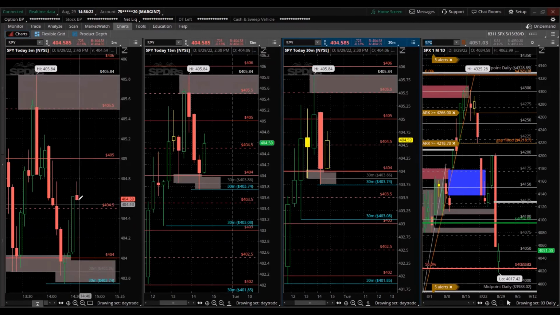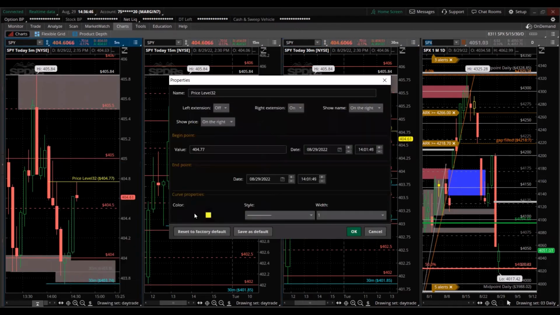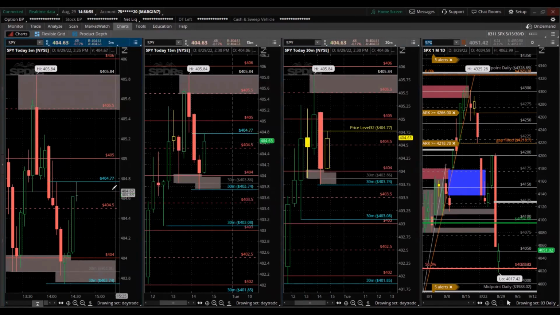Now look at this on the 5 minutes. You're getting rejection. Not surprised, because this candle right here, we're at the midpoint. And look here, massive consolidation. Let's just make a line right there. Let's take this to the blue 5 minute. $404.77.